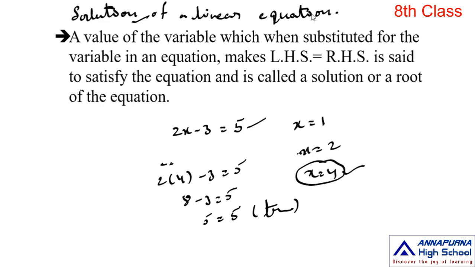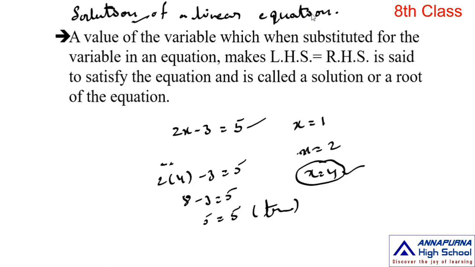Not only in linear equations, in algebra if you take any equation, its solution means the value of the unknown quantity, the value of the variable involved in that situation, that makes a true statement. That value we call the solution or root of the equation.